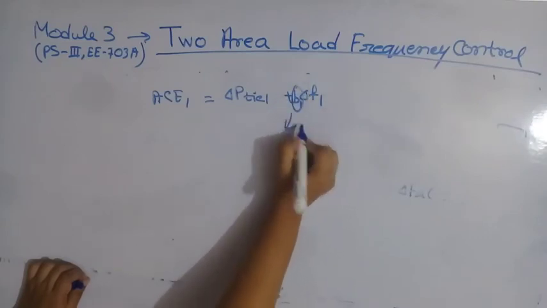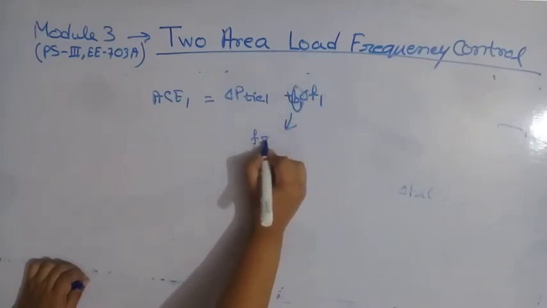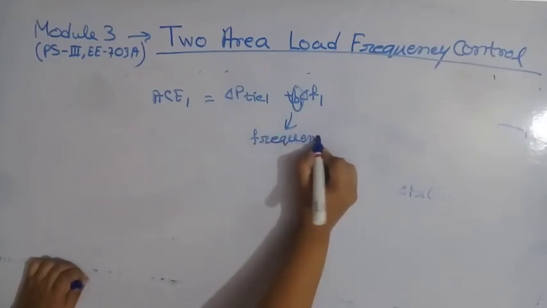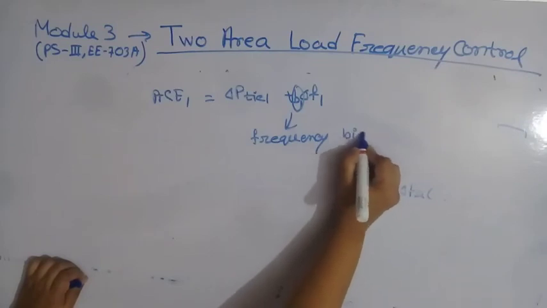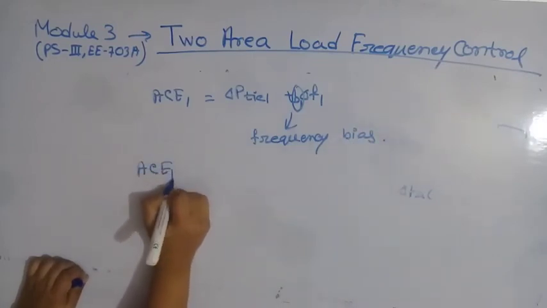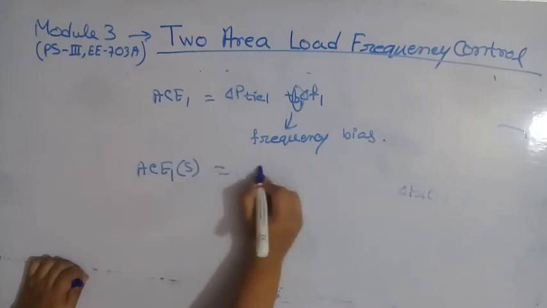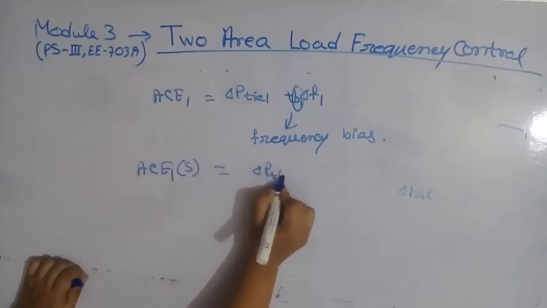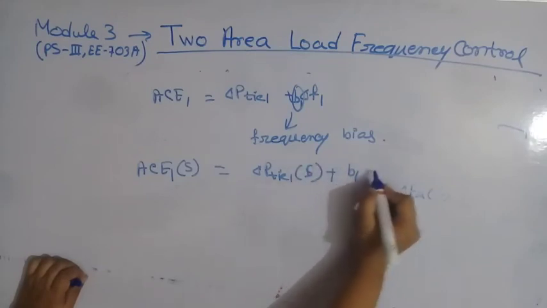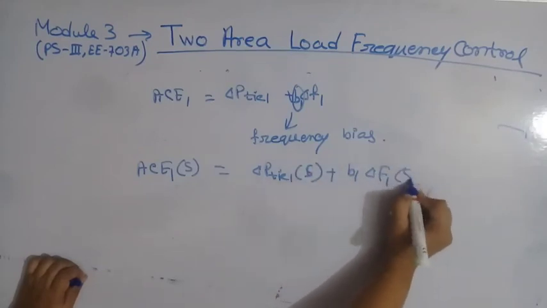Now this B1 is known as frequency bias, and taking Laplace, it is delta P tie line 1 plus B1 delta F1s.